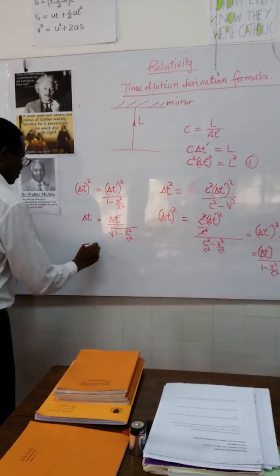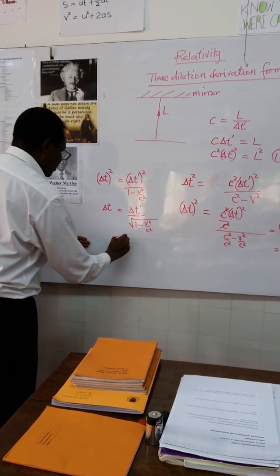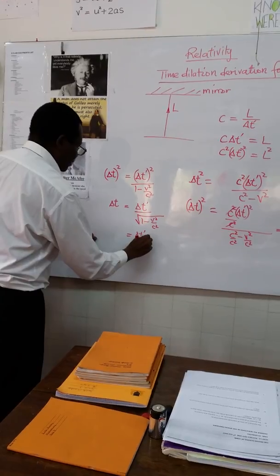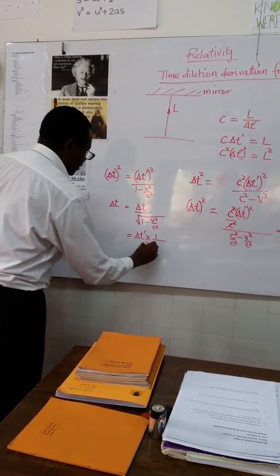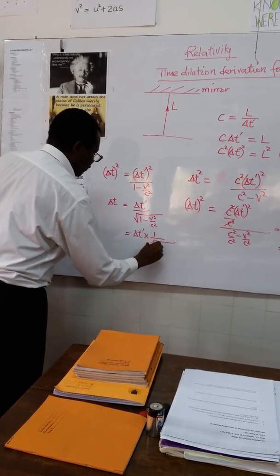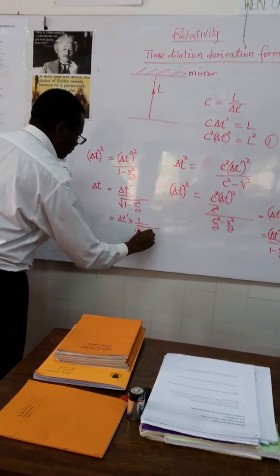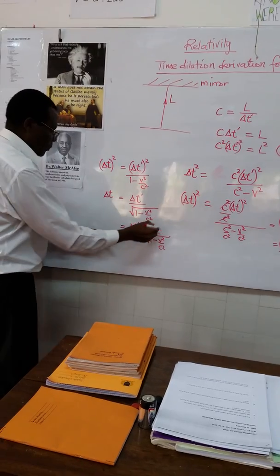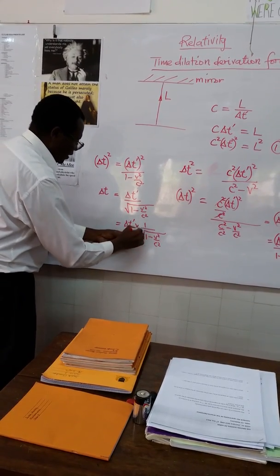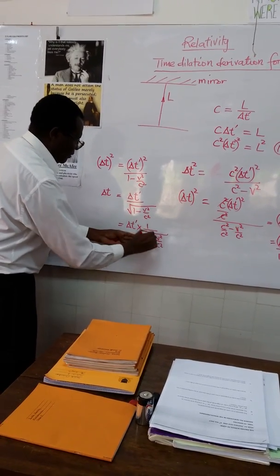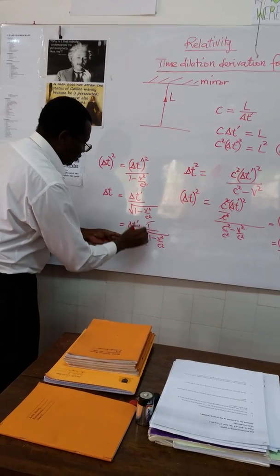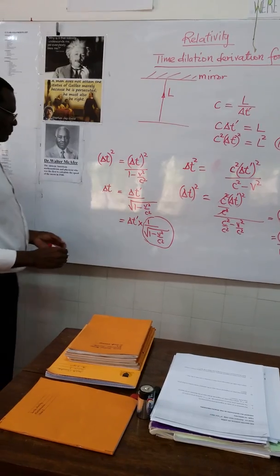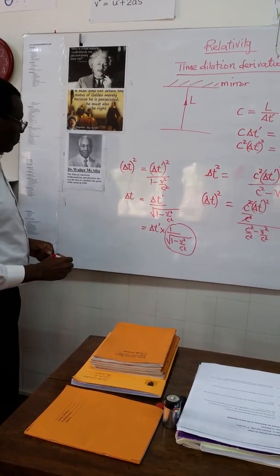This leaves us with, this actually means this is change in t prime times 1 over the square root of 1 minus v squared over c squared. And this term, this part here is what we call the Lorentz transform.